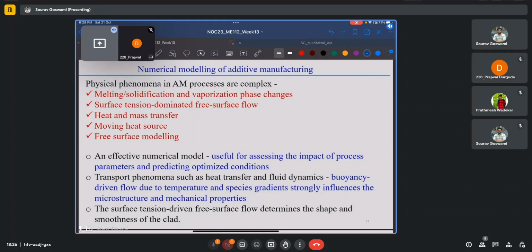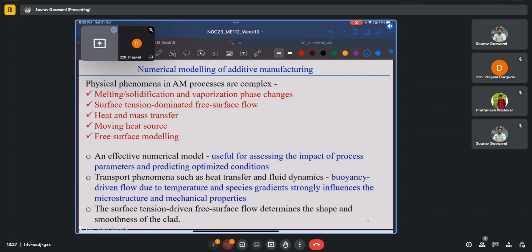Some of these phenomena which coexist are the melting and solidification, as well as vaporization and phase changes that take place inside the metal or inside the feedstock, the surface tension dominated free surface flow, including the effects of the Marangoni convection, the heat and mass transfer that occurs in the melt pool, which can redistribute the material or which affects the temperature profiles, the motion of the heat source itself, as well as the modeling of the free surface, which is in contact with the atmosphere.